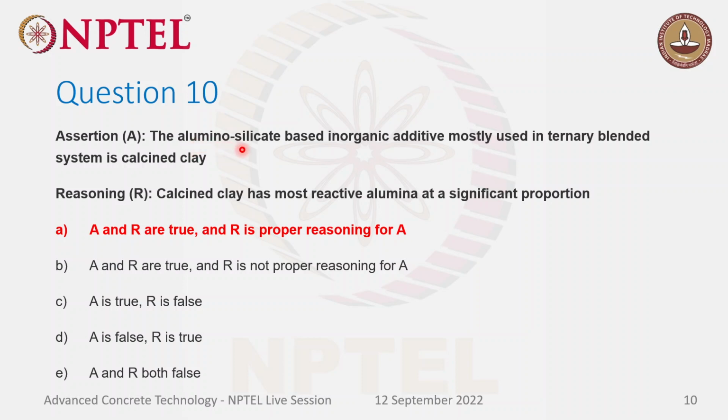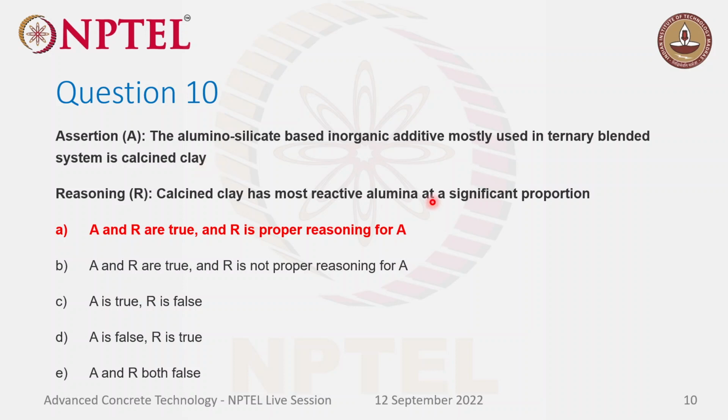Coming to aluminosilicates, if it's going to be a ternary blended system, the mostly used aluminosilicate is calcined clay, because calcined clay has both reactive silica as well as reactive alumina when compared to fly ash. In fly ash, the reactive silica content will be much higher, but in calcined clay both reactive silica and reactive alumina will be present.